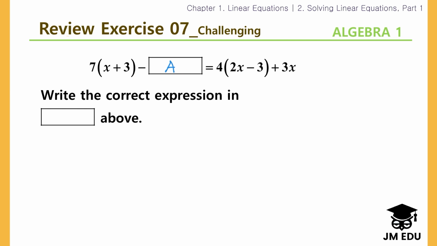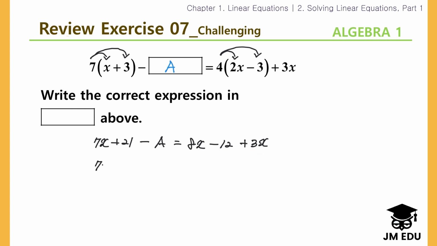Okay, so we have 7 times x, that's 7x. 7 times 3, plus 21, minus a is equal to 4 times 2x, that's 8x. 4 times negative 3, minus 12, plus 3x. So we have like terms on the right hand side, right? We have 8x, 3x.